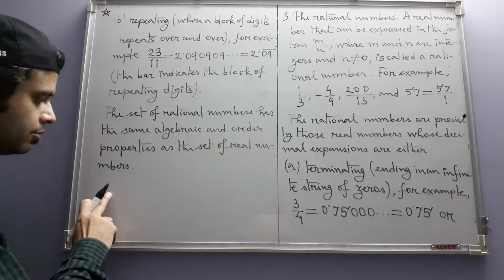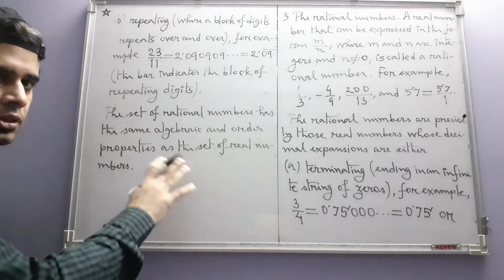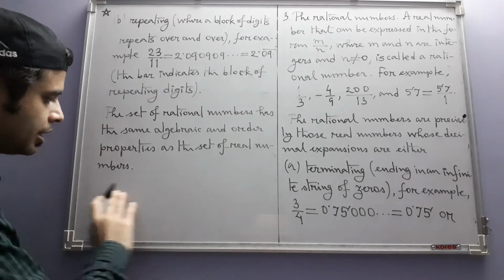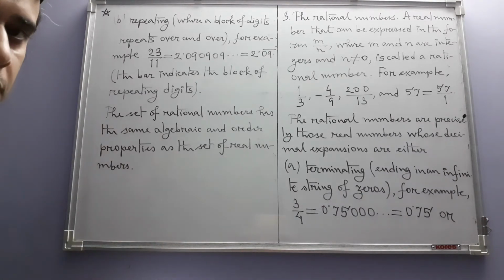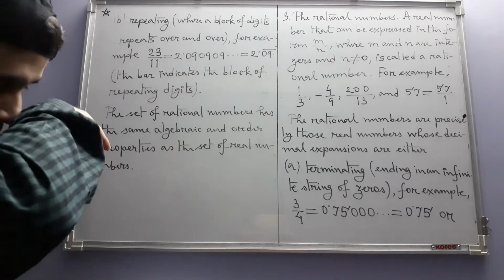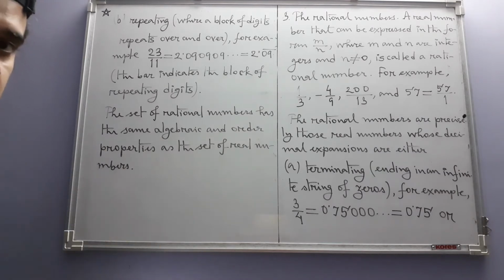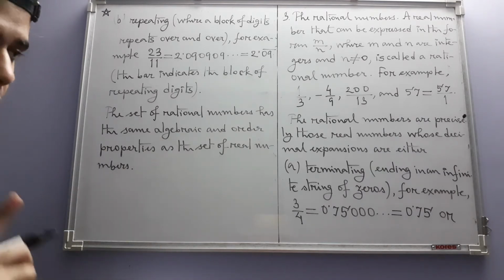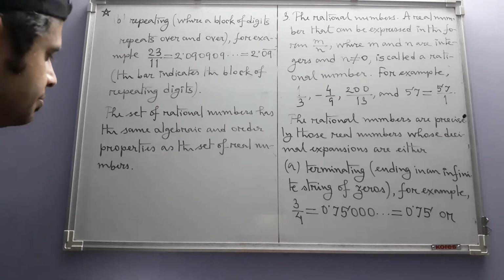And also in the list of those order properties that we have shown, A, B and C, you can consider rational numbers there also. They continue to be the same. So these algebraic and order properties fail to distinguish between rational and real numbers. However, the last completeness property does so.